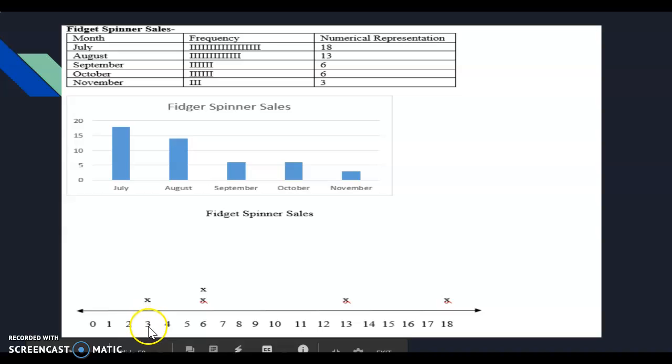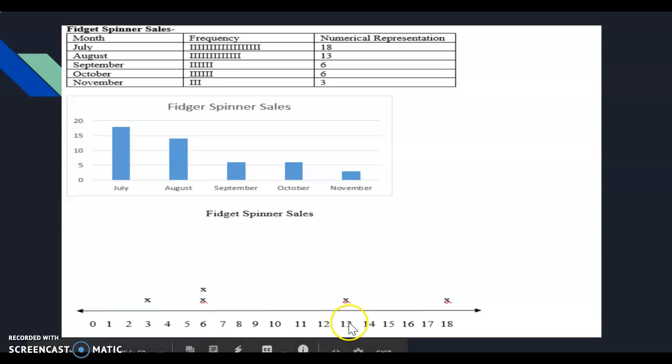At the bottom here by 3, there's just one X because there's only 1 month showing 3 fidget spinners being sold. And if you go down, how many months were there where 6 fidget spinners were sold? If you go back up to the top, you'll see October and November. So there were 2 months here.